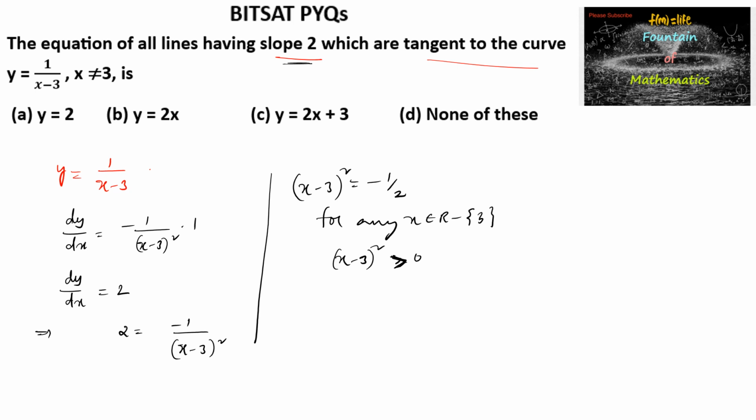So there is no equation of a tangent to the curve with slope 2. So we can go with option D, none of these.